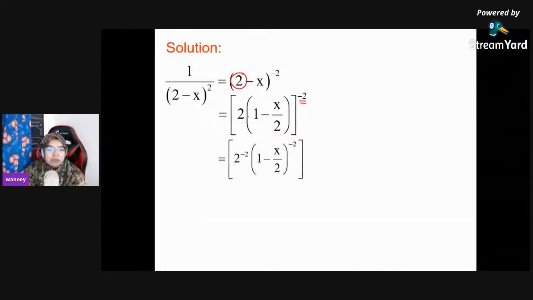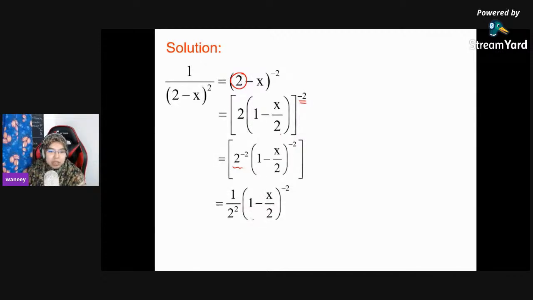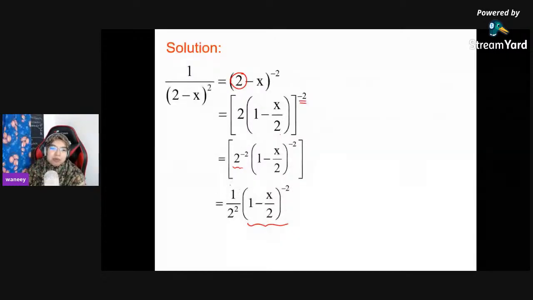So we will have 2 to the power of negative 2, 1 minus x over 2 to the power of negative 2. And then 2 to the power of negative 2, simplify them. So this is actually 1 over 2 squared, so 1 over 4. And then 1 minus x over 2 to the power of negative 2. So now you can actually expand this. So once we expand them, then we can times them with 1 over 4.